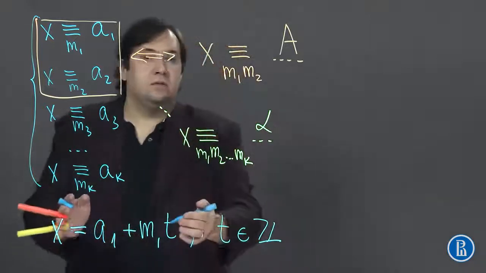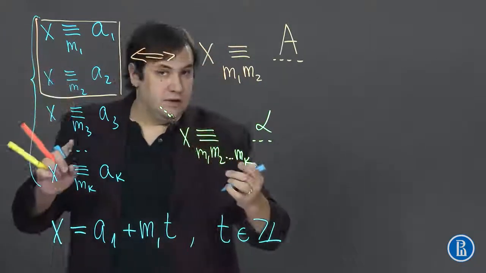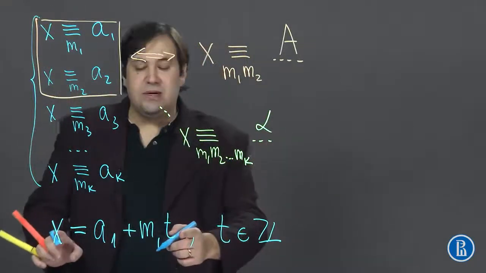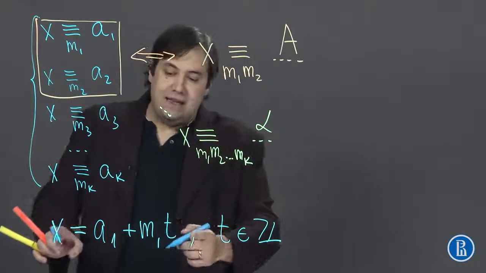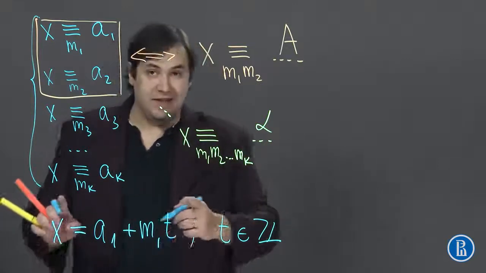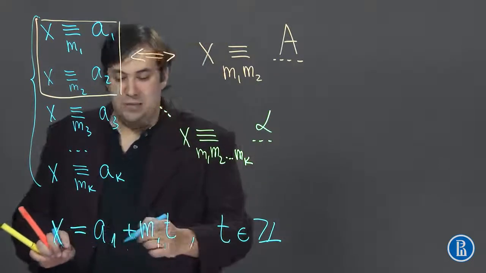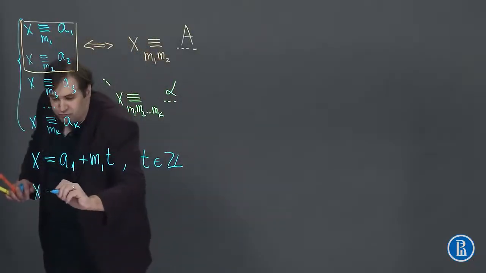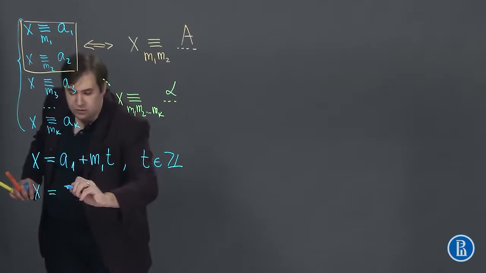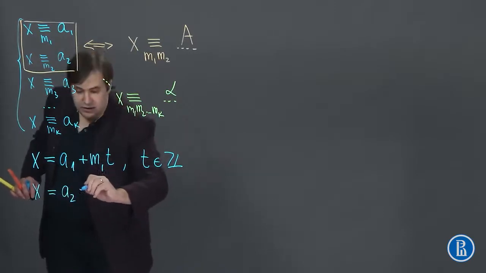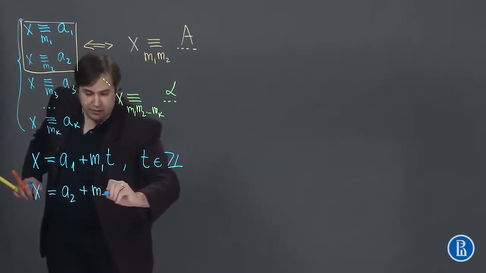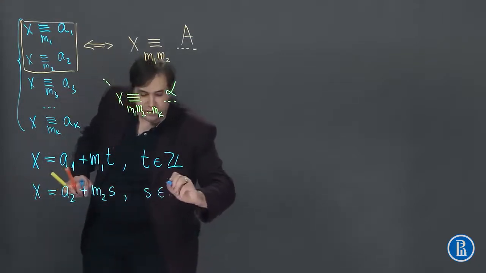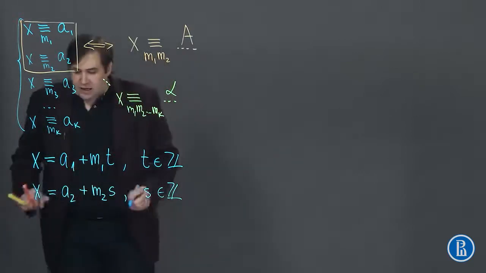It's just another way to write this congruence. So any x that is congruent to a1 modulo m1 can be represented in this form, and any x represented in this form is congruent to a1 modulo m1. At the same time, x is equal to a2 plus m2 multiplied by s, where s is an integer.